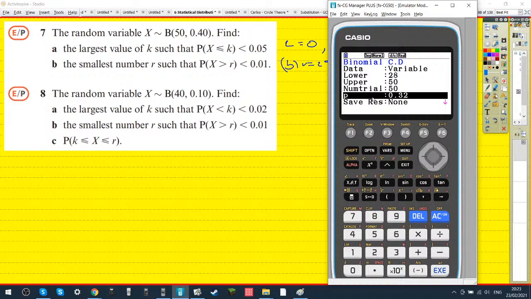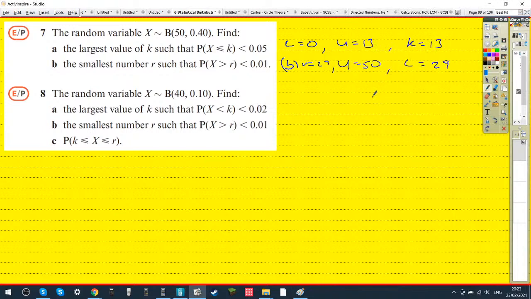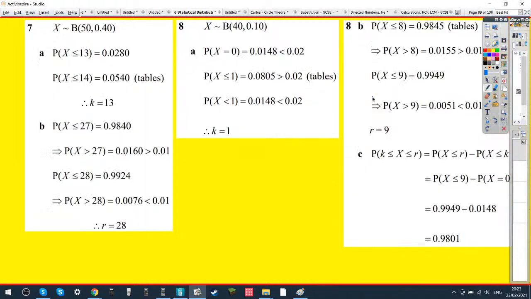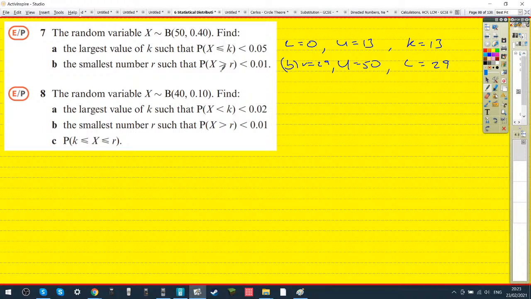So this is probability of 0.4. See there? Yeah, I'm getting the same. 0.016, 28 or more. That's why. This one isn't or equal to. Oh. And so it wouldn't include 28. Oh, that's sneaky. Okay, let's try 8A.